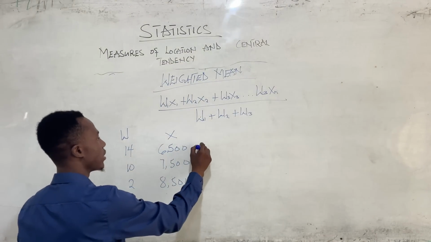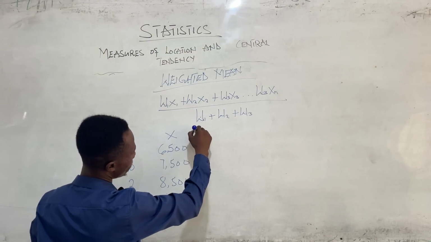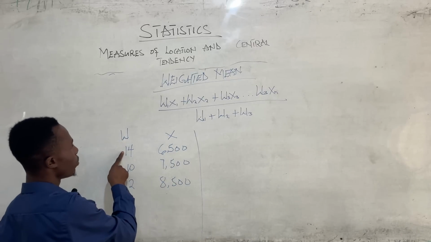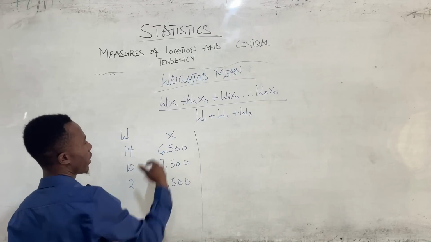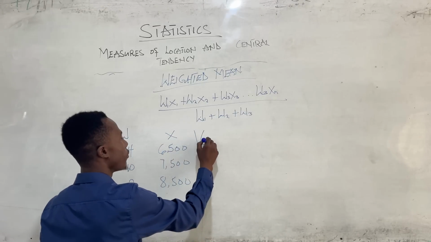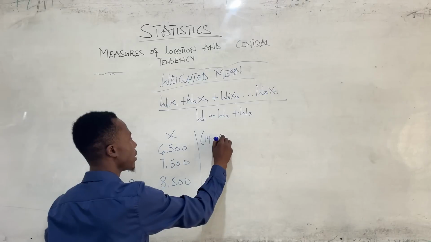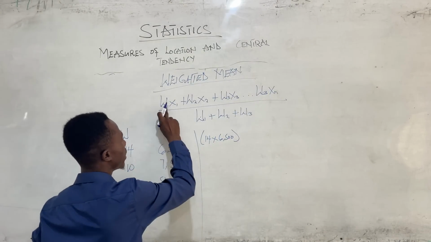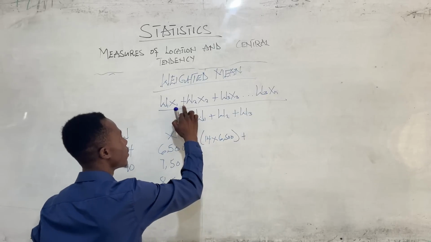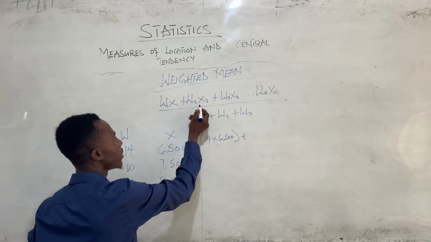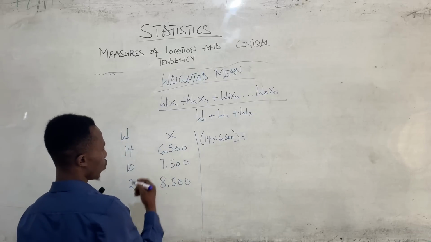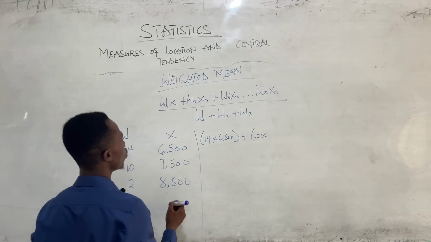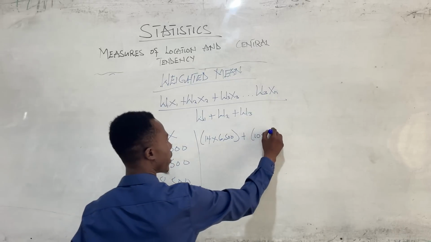So now let's calculate the weighted mean using the formula. We know W is here, X is here. The first one is 14 times 6,500. Plus the next one, W2 times X2, which is 10 times 7,500.